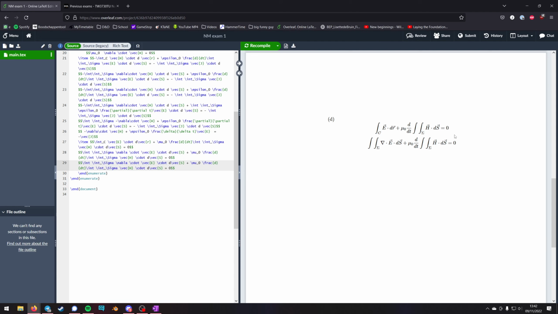I could put this to the other side and then put it aside, but it's the same as just doing it right here, so I'm just going to do it right here because I'm lazy. And then this becomes partial. Okay, lovely. Partial.